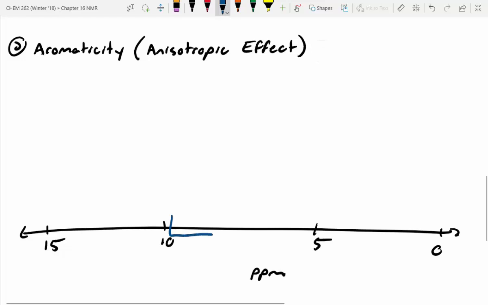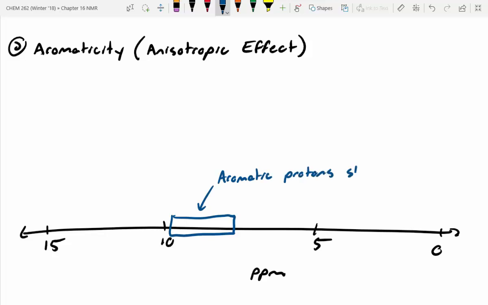Basically it says that aromatic protons tend to show up in this range from about 6 to 9 ppm. And this has to do with this weird phenomenon of aromatic molecules.